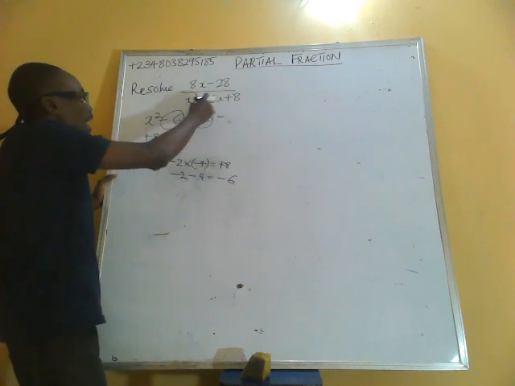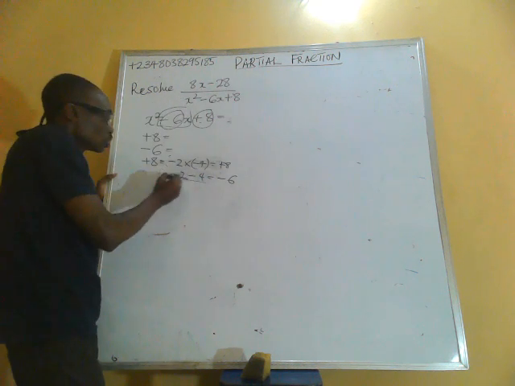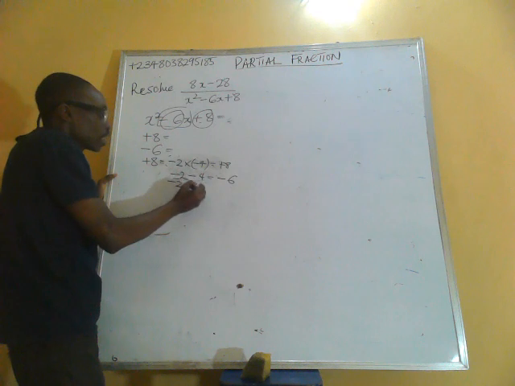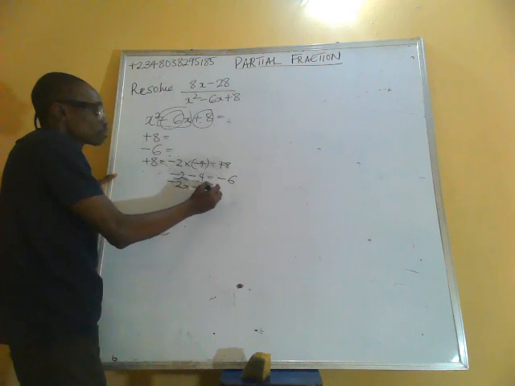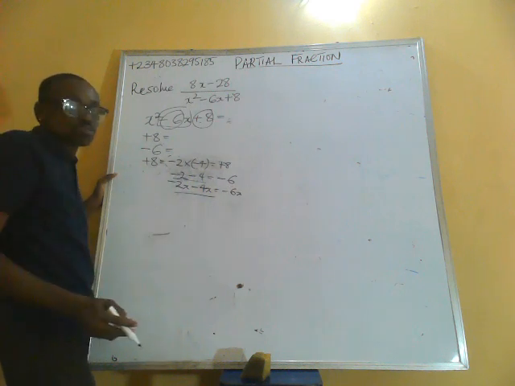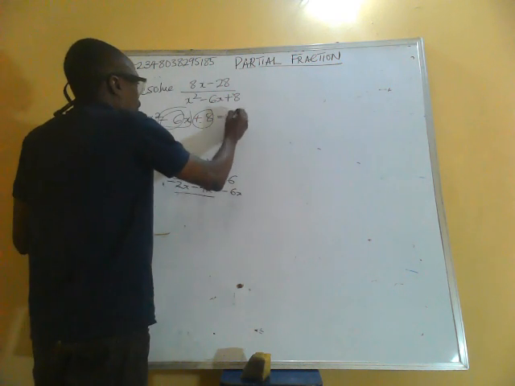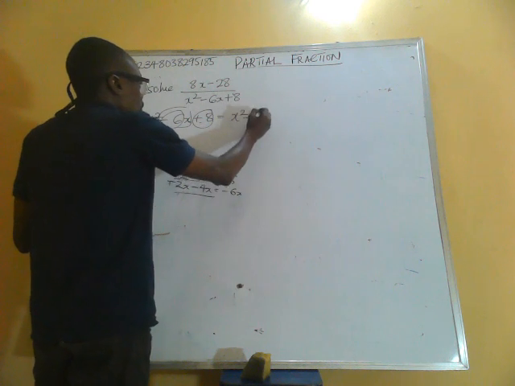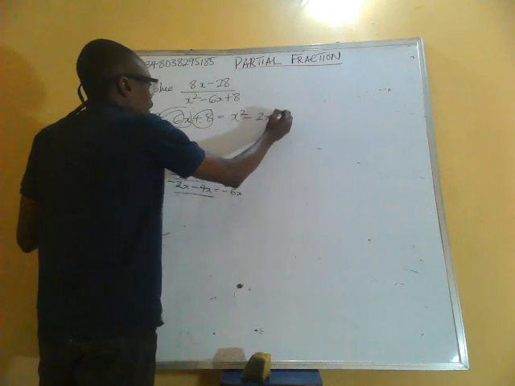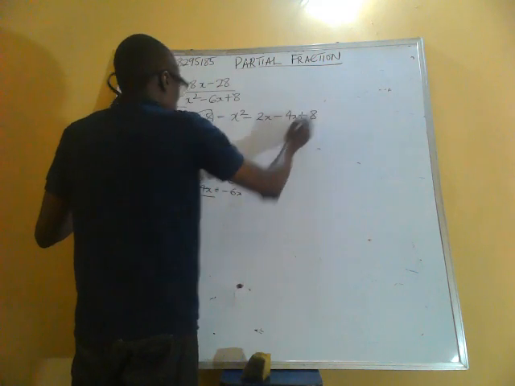So we go ahead and replace minus 6x with minus 2x and minus 4x, for us to be able to factorize this expression. So we have x squared minus 2x minus 4x plus 8.